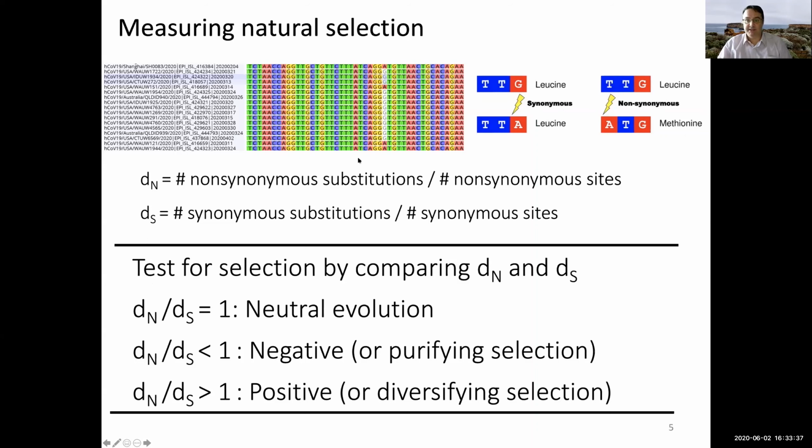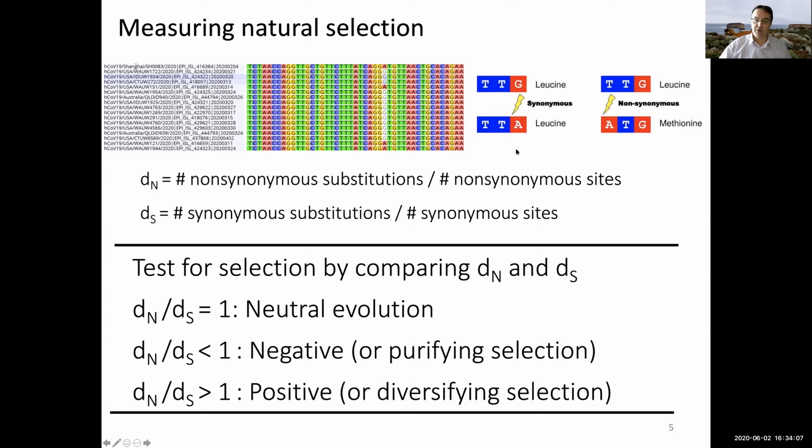Basically, if you have more of these mutations that are resulting in changes in amino acid compared to the mutations that don't change the protein composition, then you have a positive selection, right? So we have a neutral selection where these 2 values are equal. We have a negative selection where there's more of the mutations that result in no change.